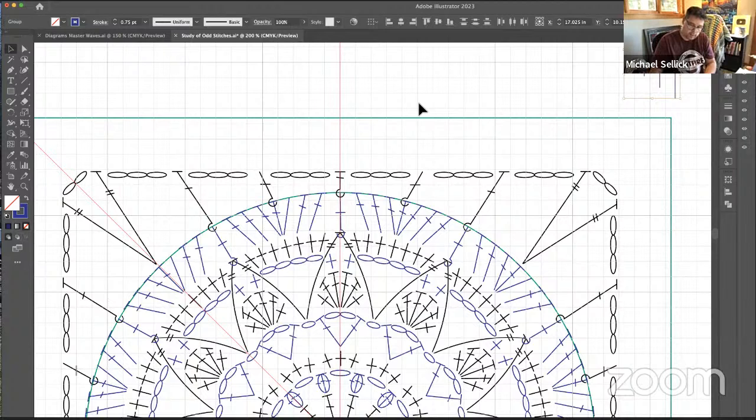So there was 25 stitches between the corners for round number 9. And in round number 10, there's only going to be 22 stitches in between.